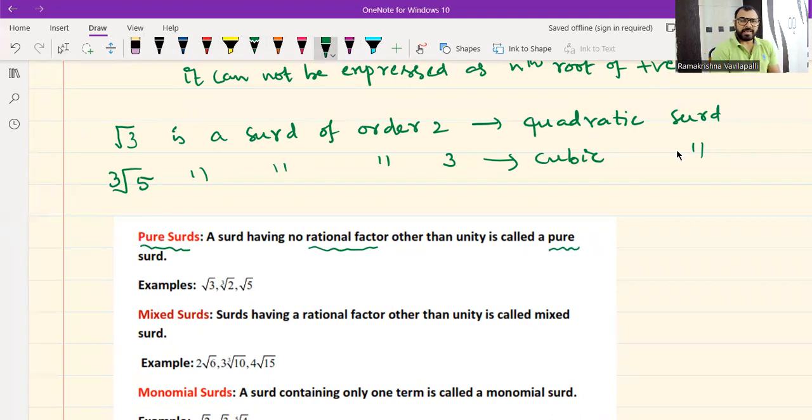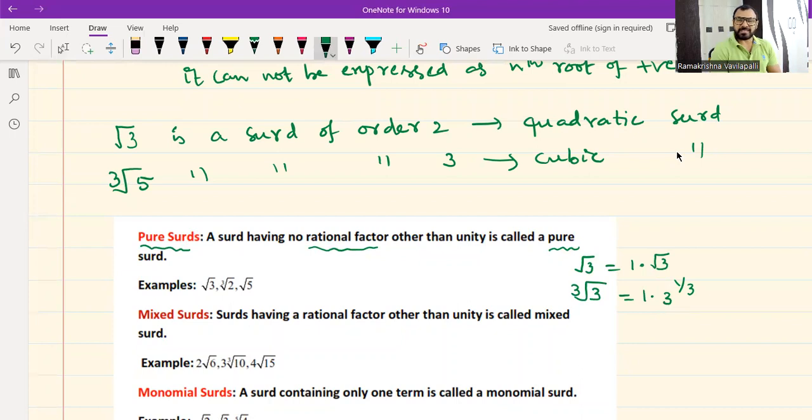You see, here this is root 3, it is just 1 into root 3. It has no other rational factor other than 1. Similarly, take the cube root of 3. It also has no rational factor other than 1. So these are the pure surds.